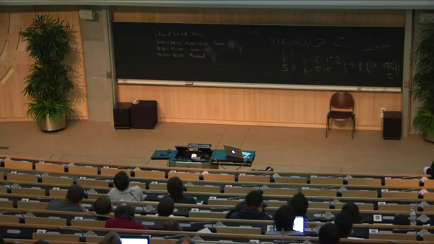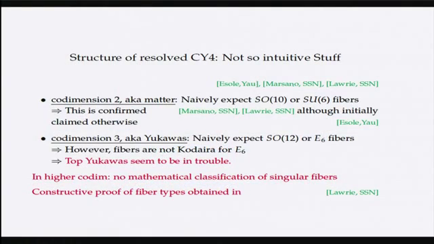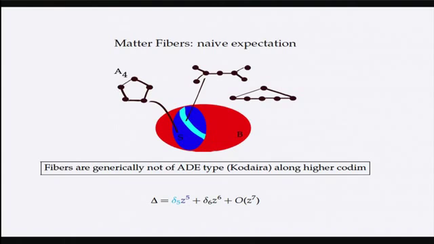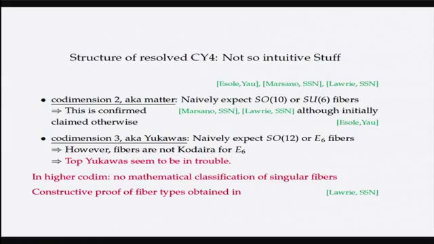So the SO10 or SU6 fibers appear there, and when you go to codimension 3, which would mean we, in addition, have another curve coming in here, and we're looking at a point on B3, then naively we expect an SO12 or an E6 fiber. So what's interesting is there is indeed an SO12 fiber, but there's no E6 fiber, and that caused a lot of trouble.